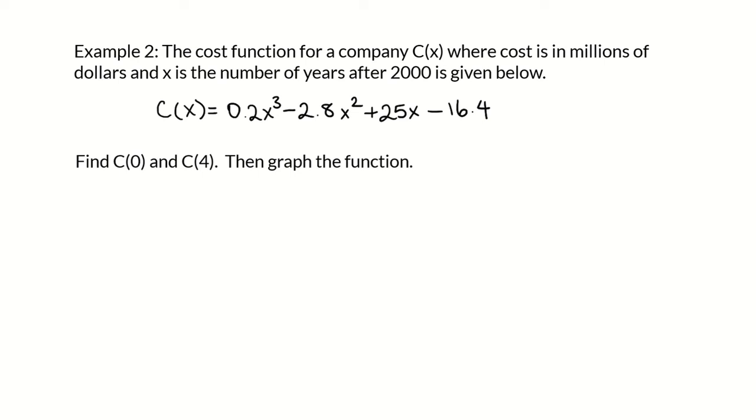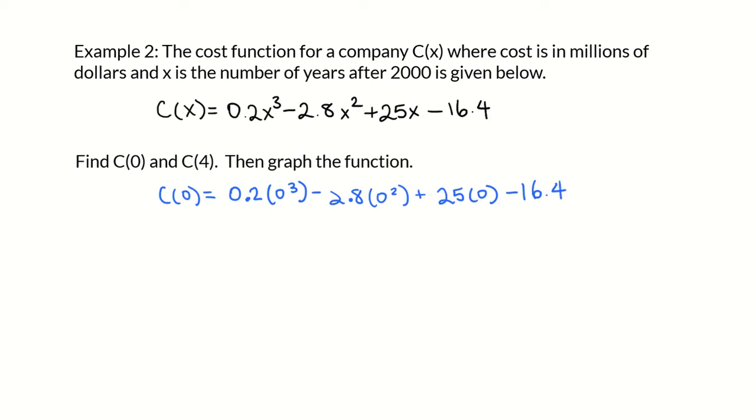So to find c of 0, we just plug in 0 for each x. So that would be 0.2 times 0 cubed minus 2.8 times 0 squared plus 25 times 0 minus 16.4.